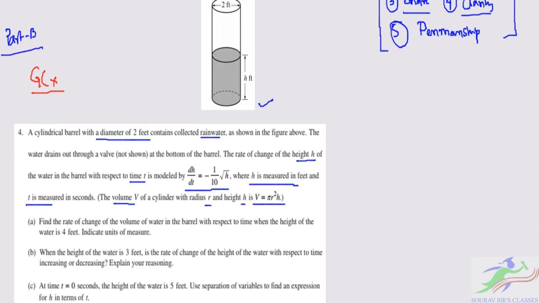Part A asks: find the rate of change of the volume of the water in the barrel with respect to time when the height of the water is 4 feet. Indicate units of measure.